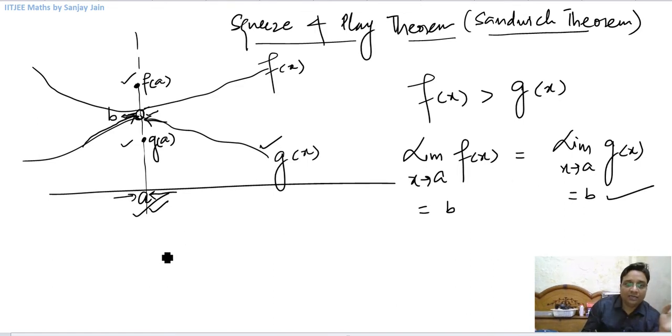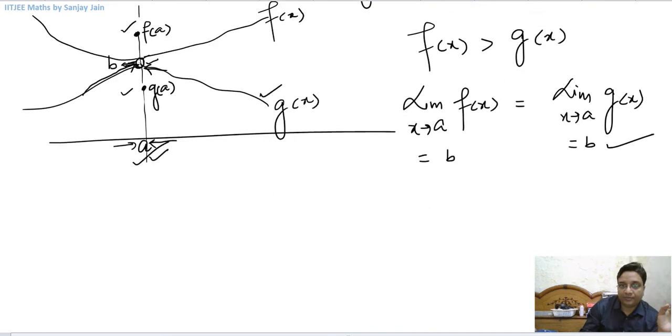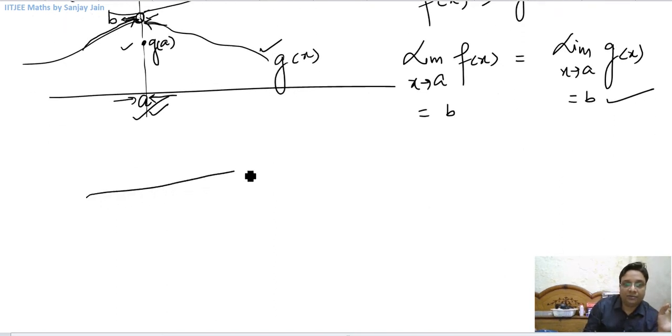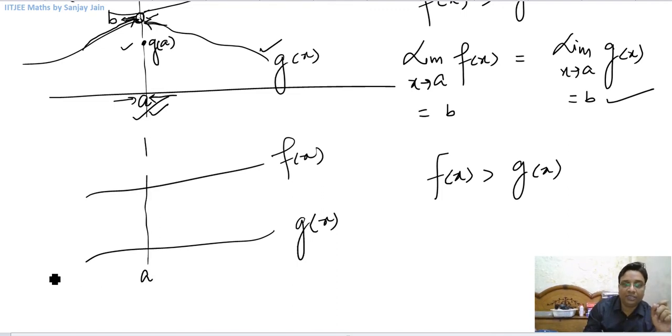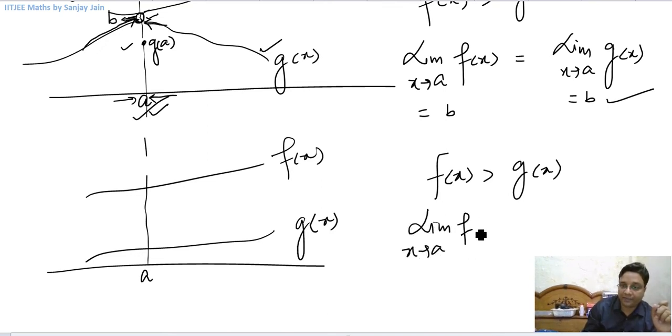Now let me take another scenario. Let us take the graph of f of x like this, and let us take the graph of g of x like this, right? In this case also, f of x is greater than g of x, and let's name this point as a. Okay, so if I take limit x tends to a of f of x and limit x tends to a of g of x, when x approaches a, where does the graph of f of x approach?